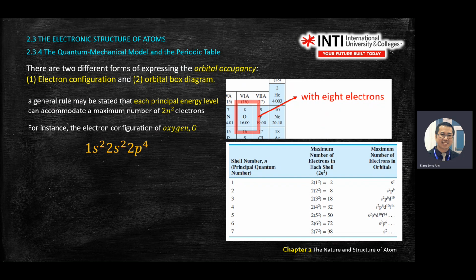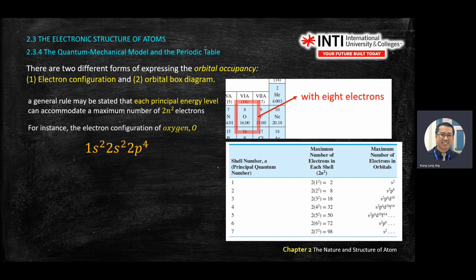Then the number of subshells is the l number. So you can draw the diagram, either vertical or horizontal, never mind. For oxygen, you know from the periodic table that it is n equals 2, so the number of electrons is 8.